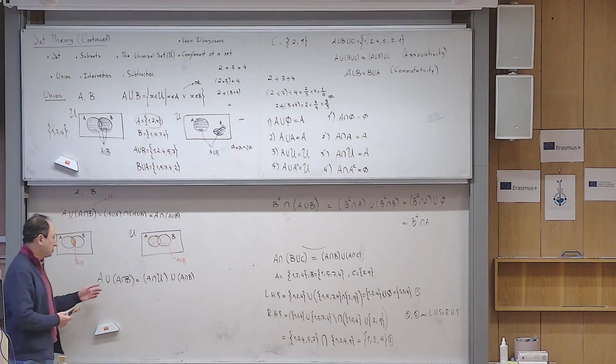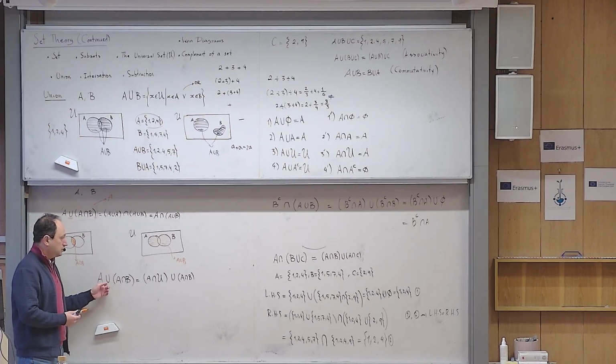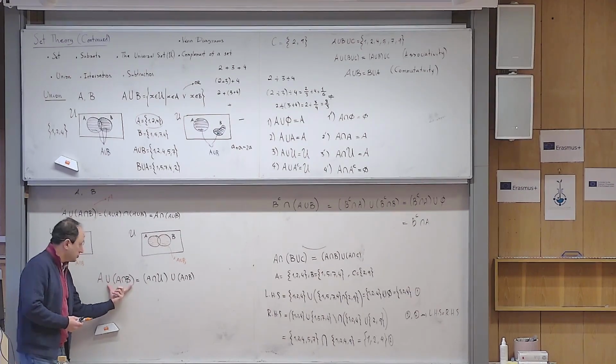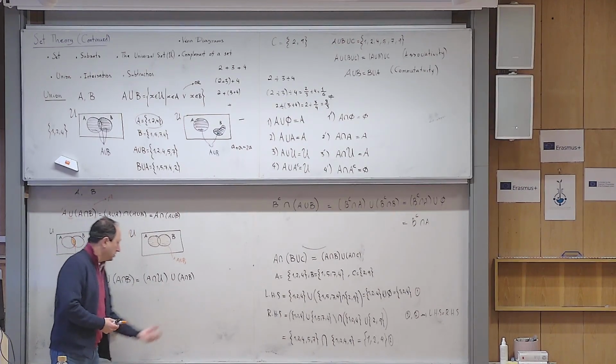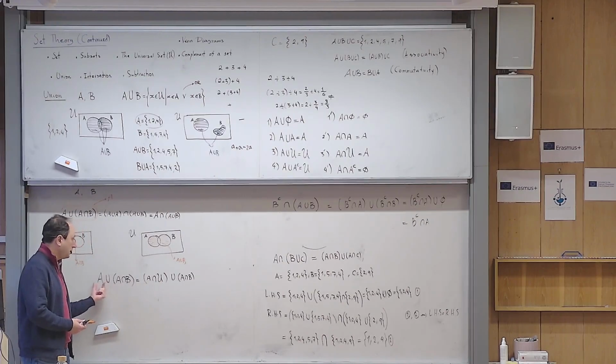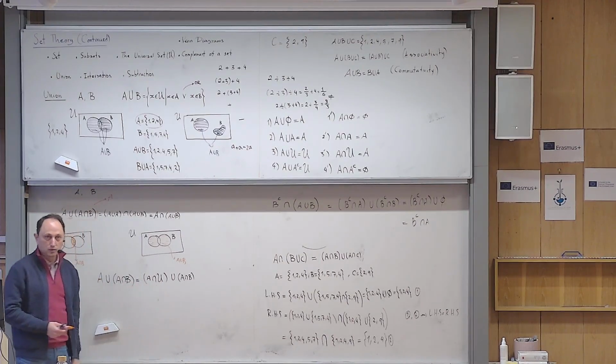Okay, so you need to be patient to see why it works. But first of all, do you agree that I can do this? Because this part is just copied and pasted here. And if I say what is A intersection the universal set, the answer is A. So it is legal to replace A with this one because they are equal.